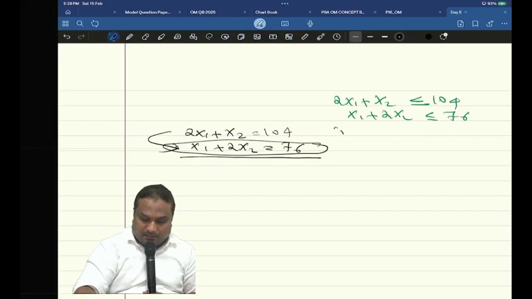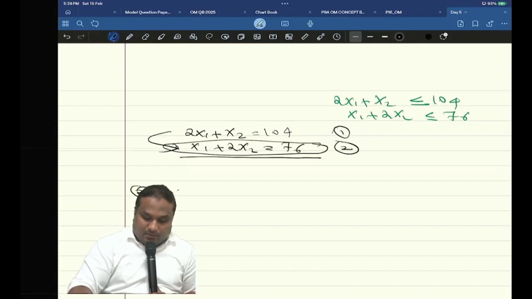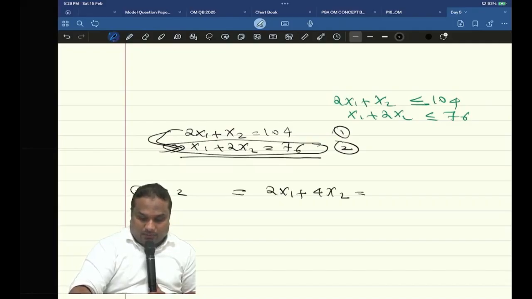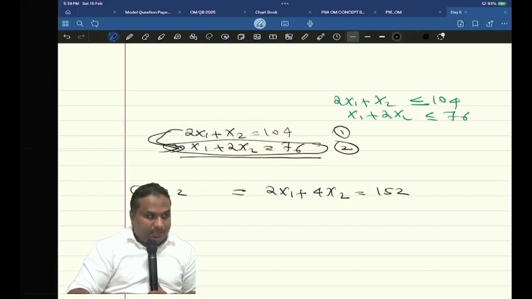This is equation number 1, this is equation number 2. 2 into x1 is 2x1, 2 into 2 is 4x2, equal to 2 into 76, which is 152.